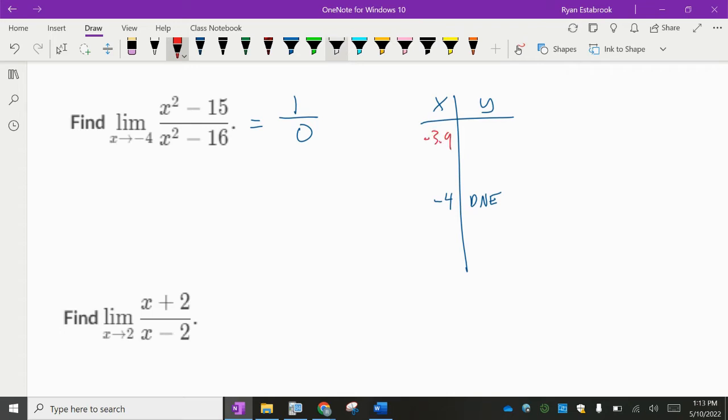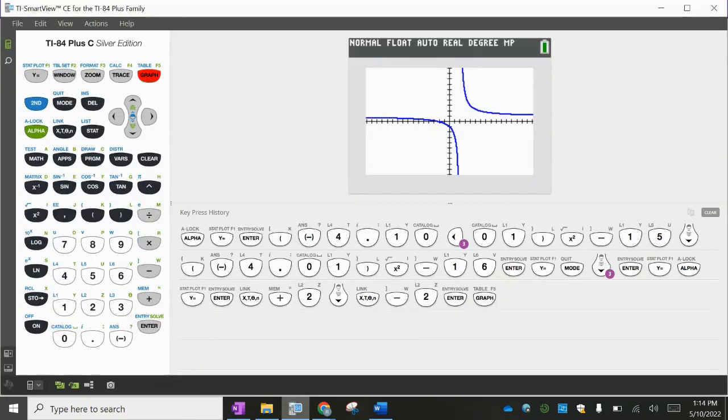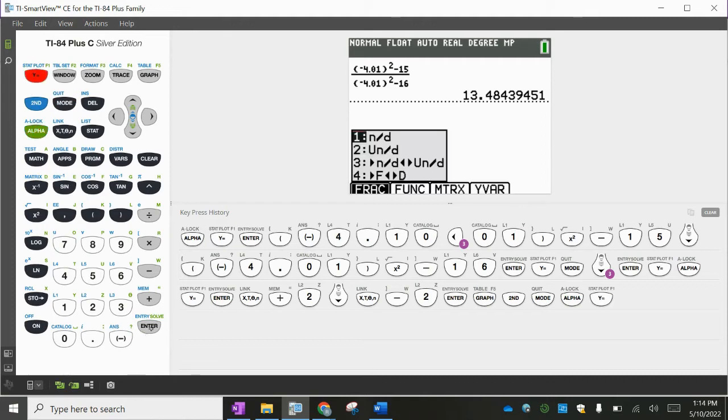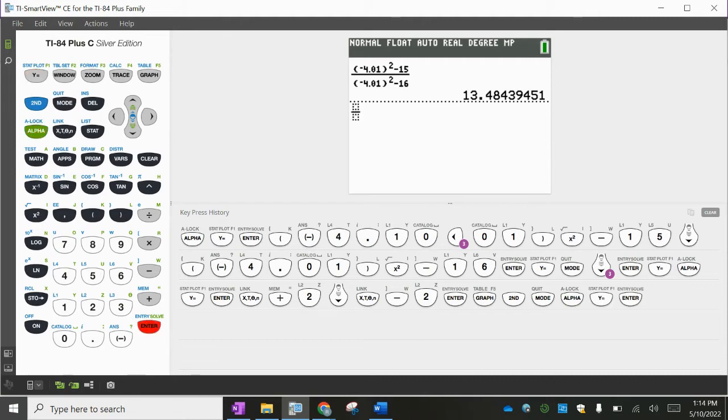So on your calculator, can you enter in -3.9 squared minus 15 over -3.9 squared minus 16. Plug in -3.9. I like to do the alpha y equals, choose n over d. That way you can tell clearly you have a numerator, you have a denominator in your fraction. It's a little bit easier to see.